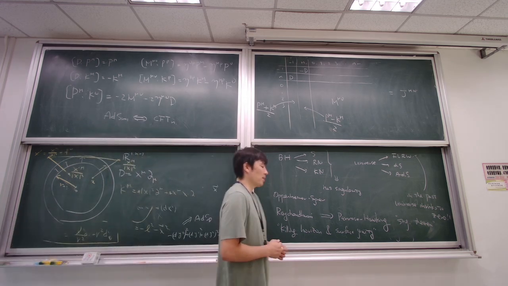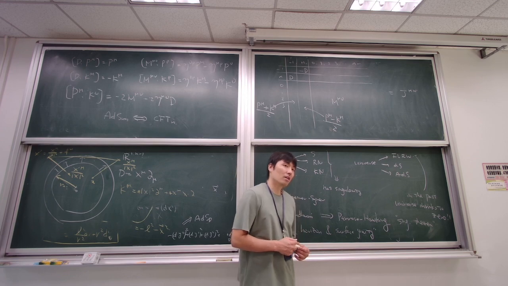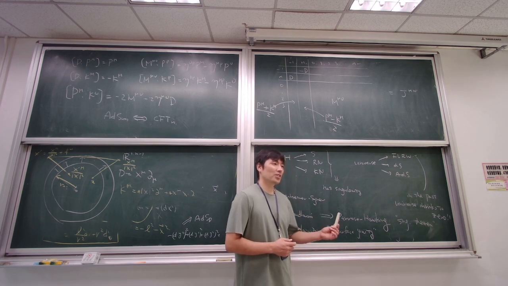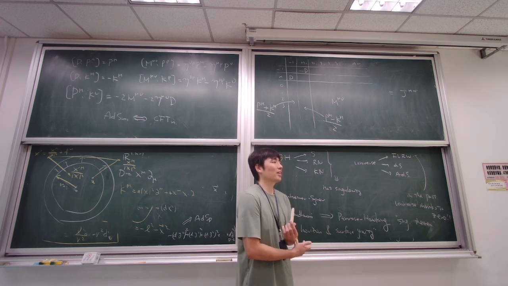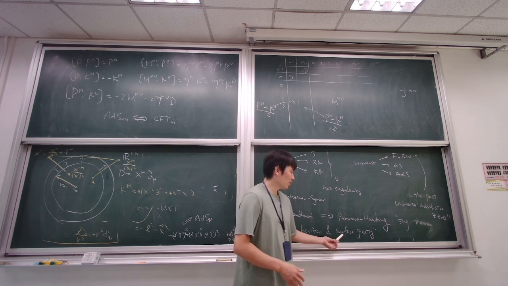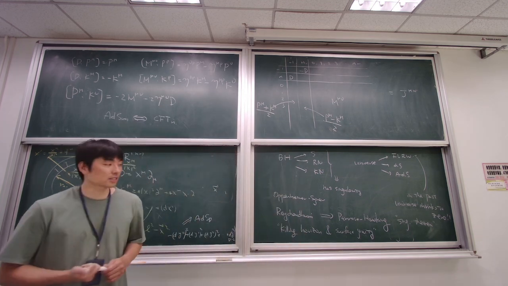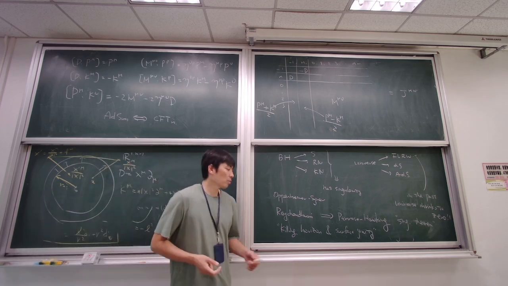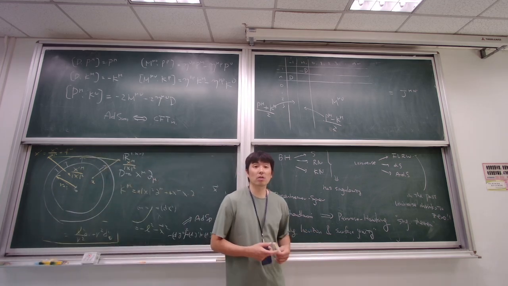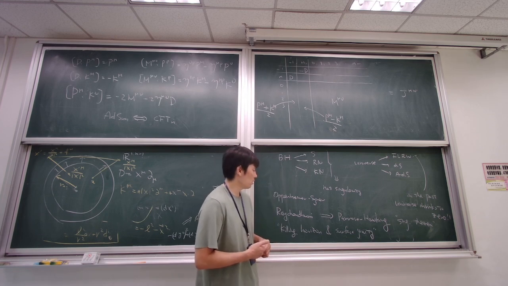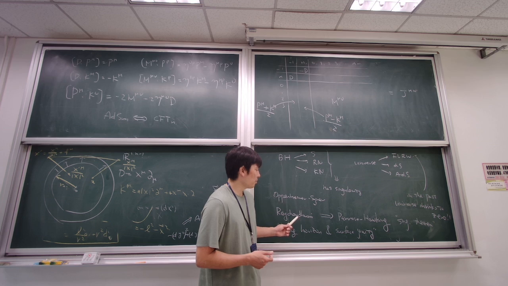In the case of the black hole, for a stationary black hole, the surface gravity at the horizon is a constant. That's the zeroth law of black hole thermodynamics, and we will derive it from now on.